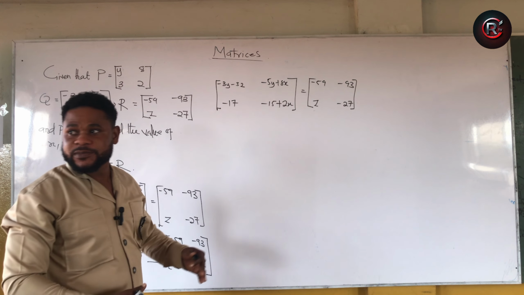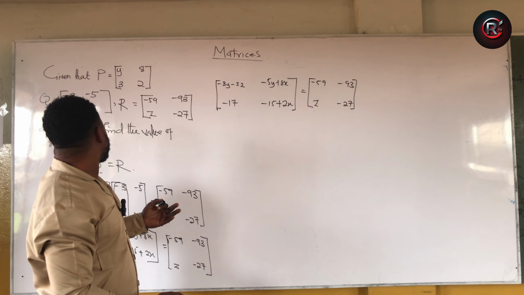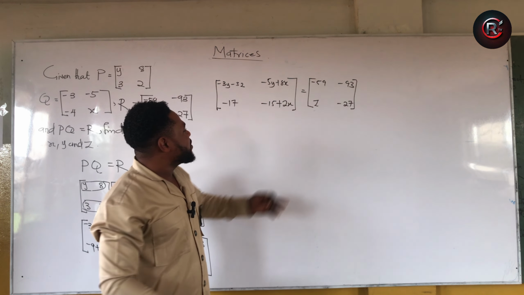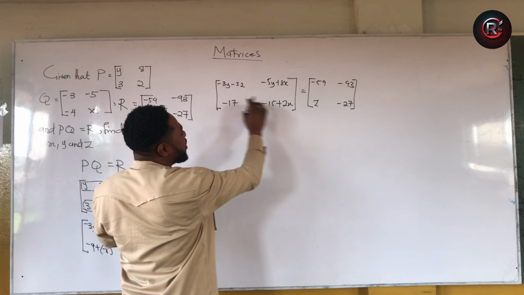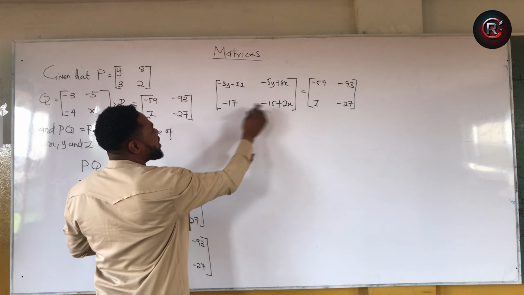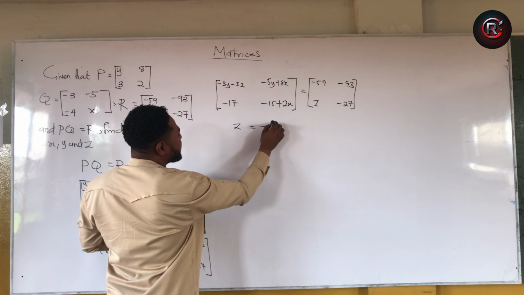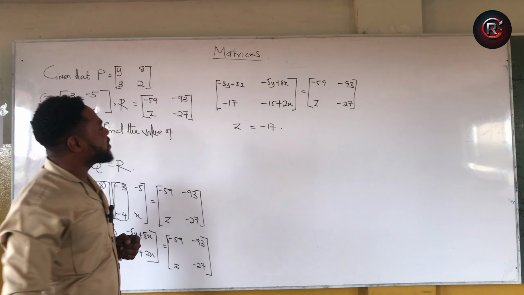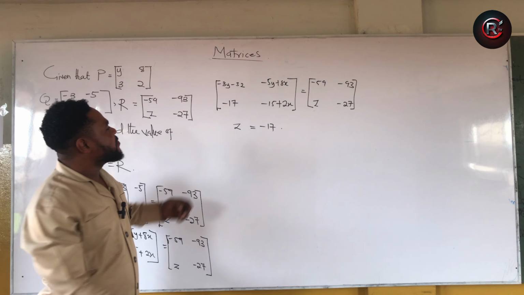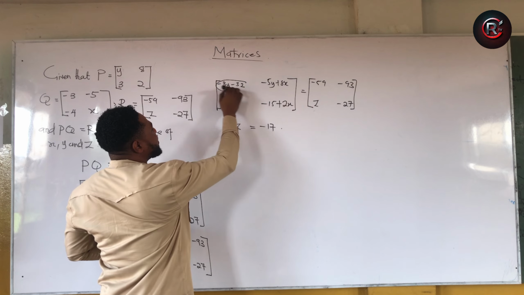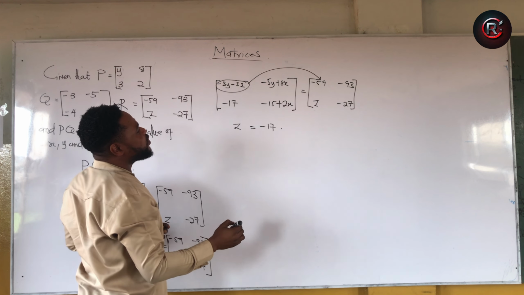From what we have here, we can quickly arrive at our answer for z, because by comparing our corresponding elements, we can say that z is equal to negative 17. We can also find our y by saying that this element here should be equal to this, by the method of equality.